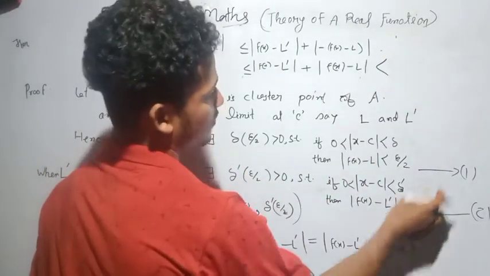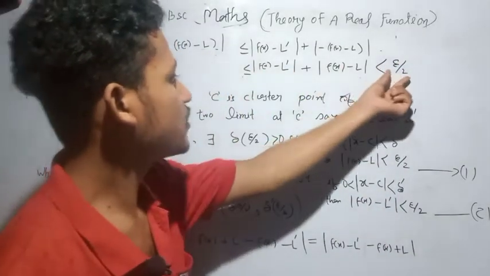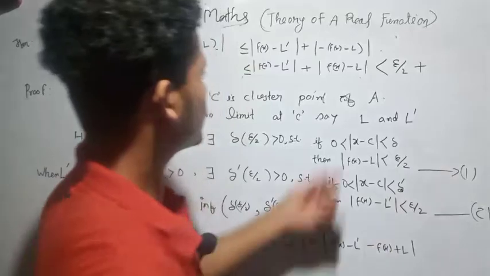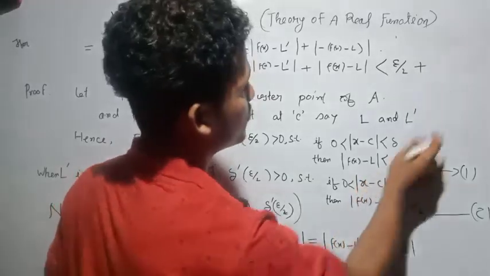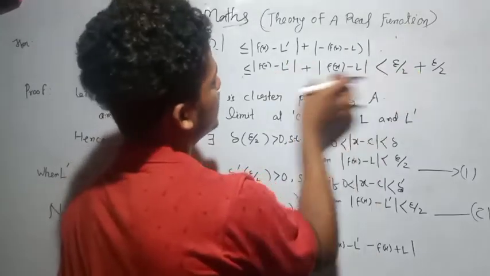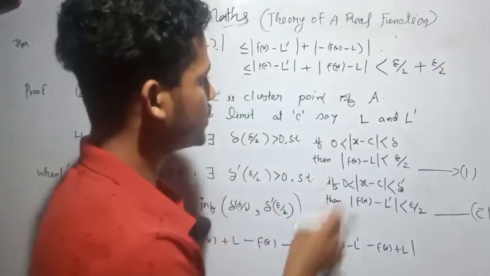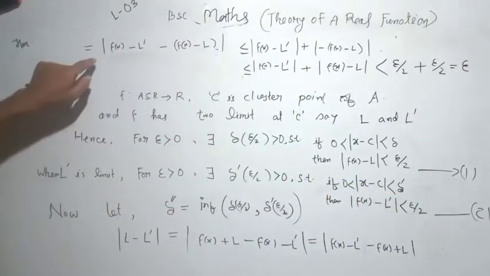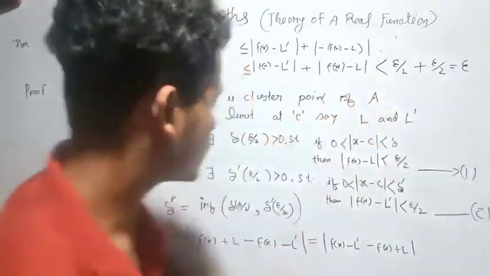So we put epsilon by 2 as a bound greater than each quantity, and adding the two gives epsilon. That means this is less than epsilon.